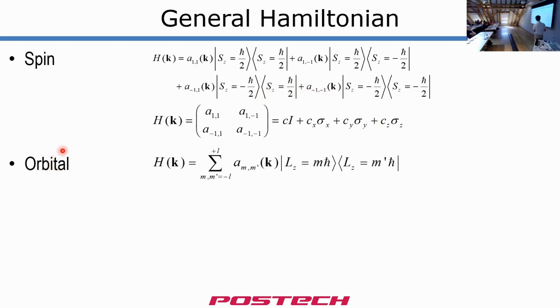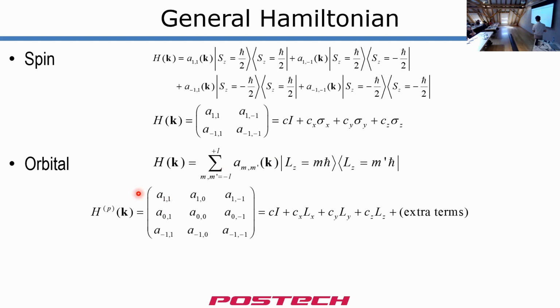But in the orbital angular momentum case, suppose I have only the orbital angular momentum degree of freedom, then the Hamiltonian is something like this: an initial LZ of, let's say, +1 to a final LZ of -2, etc. Suppose this electron is a P electron, then the Hamiltonian may be written as 3x3 matrices. 3x3 matrices have 9 independent degrees of freedom, whereas for orbital angular momentum we have only 3 operators.